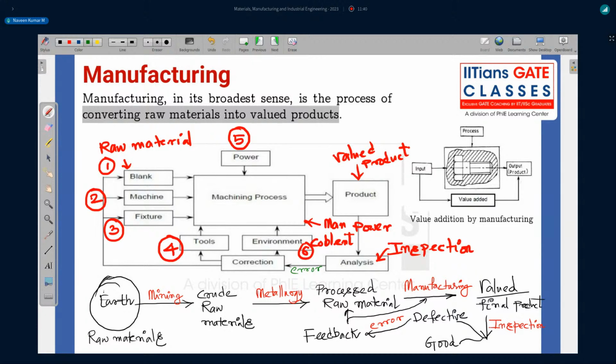You can see the process on the top of it. This is the process. This is the input, and then you get the bolt as output, right? So you have some input, process, and then you're getting some output product. That is your value added. Okay, so this is the complete understanding of manufacturing.